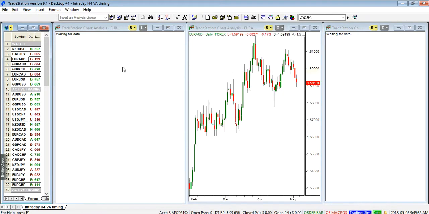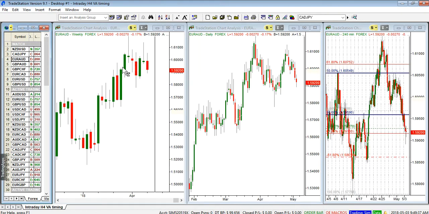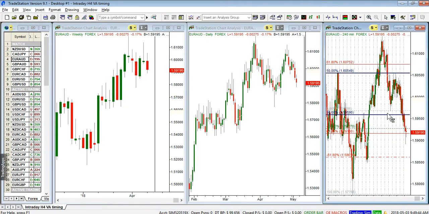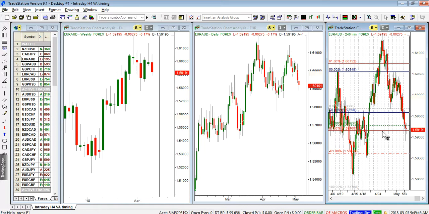Euro Australian dollar, we are seeing weakness in this market, and this market has traded a 50% short and then broke the opposing measure move long here, as we can see on the 4-hour time frame.